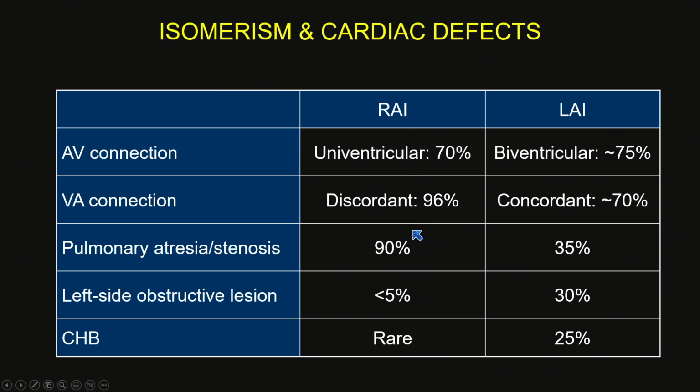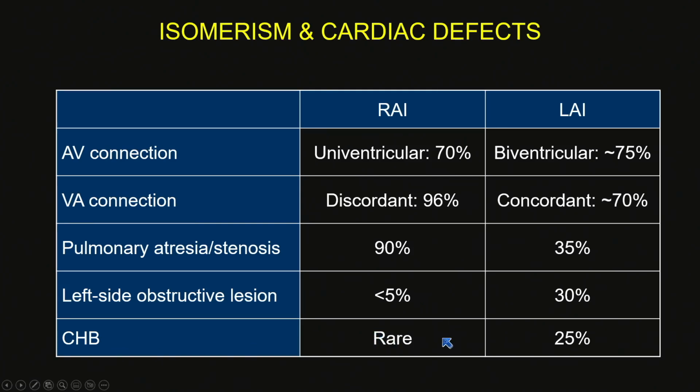Right isomerism with an anterior aorta and a posterior pulmonary artery is almost always severely stenotic or even atretic. That's rare in left isomerism, but they tend to have left obstruction, so coarctation, aortic atresia, or aortic stenosis.